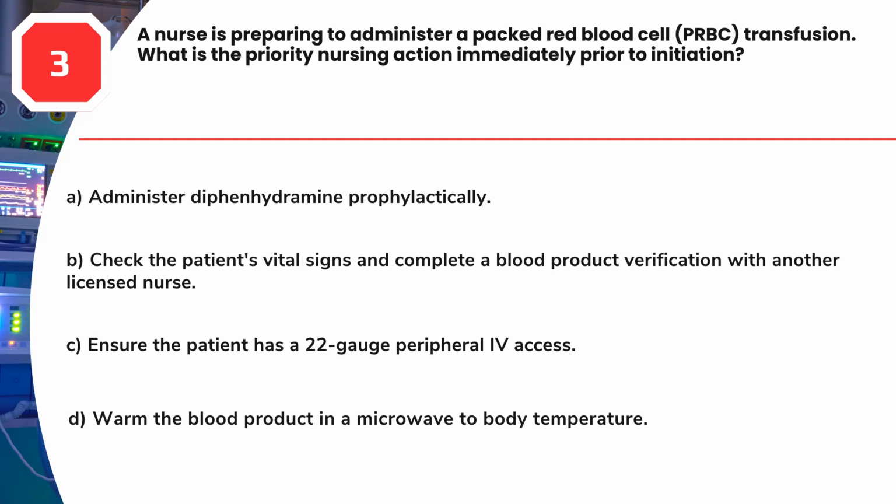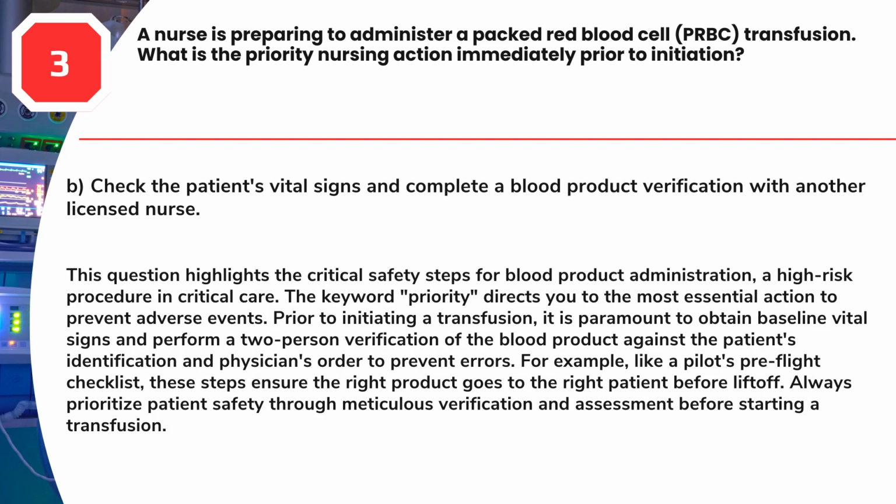C. Ensure the patient has a 22-gauge peripheral IV access. D. Warm the blood product in a microwave to body temperature. Answer, B. Check the patient's vital signs and complete a blood product verification with another licensed nurse.